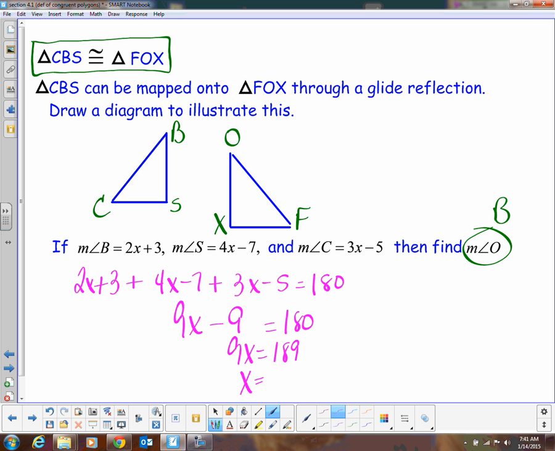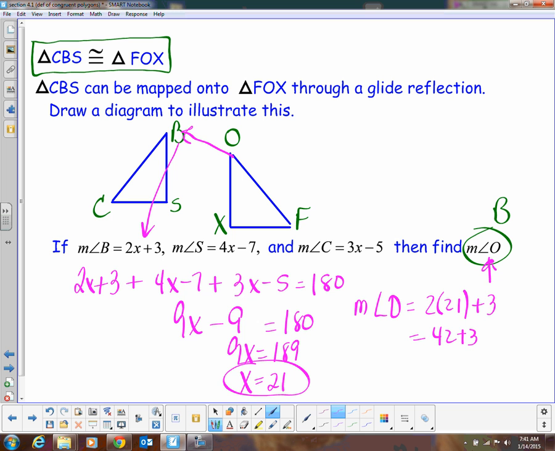You'll divide by 9, you're going to get 21. Is that what we wanted? We need O. O corresponds to B, and B is 2x plus 3. So the measure of angle O is going to be 2 times 21 plus 3, which is 42 plus 3, which is 45. Are you finding this hard or easy?